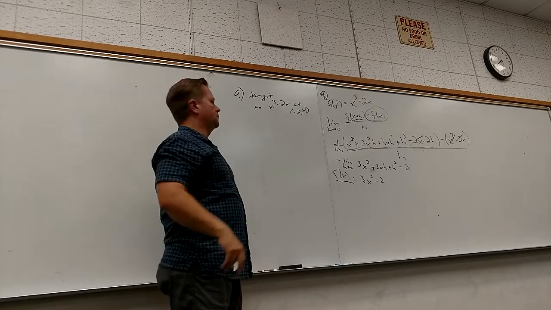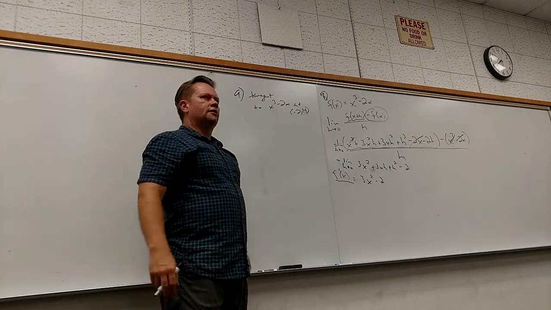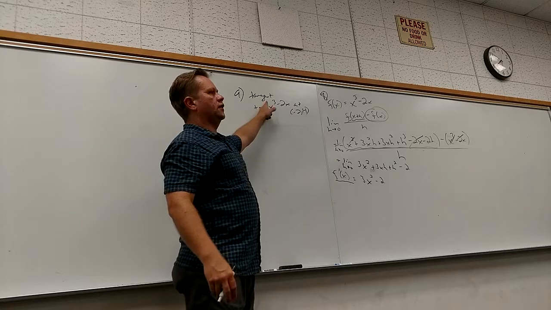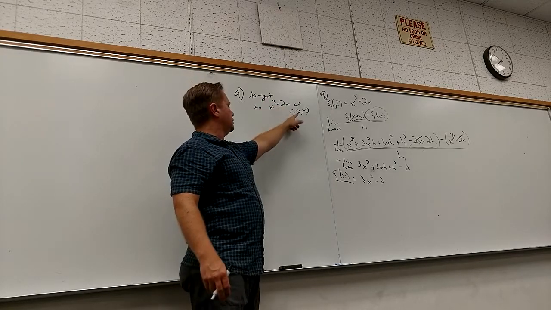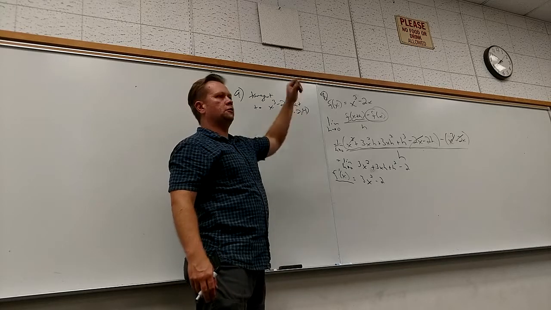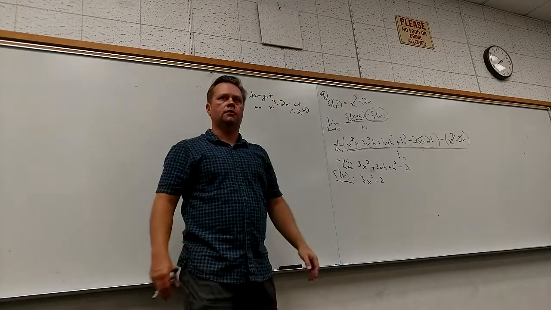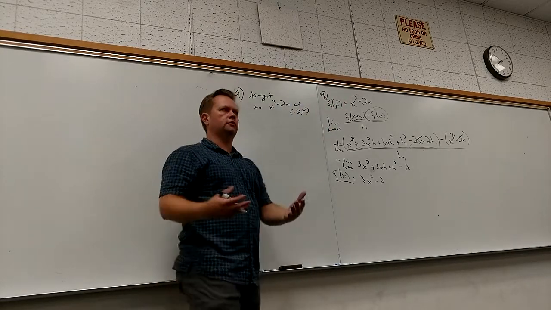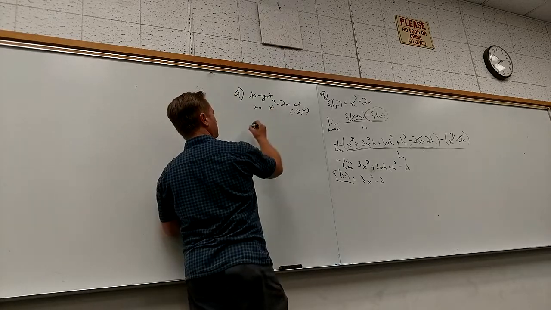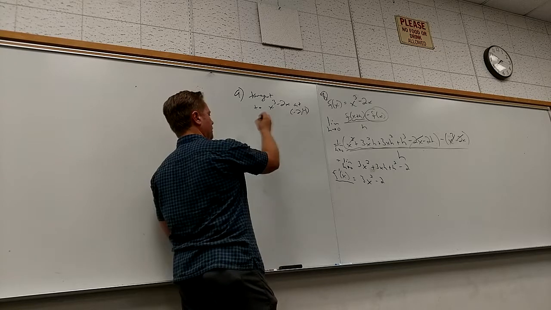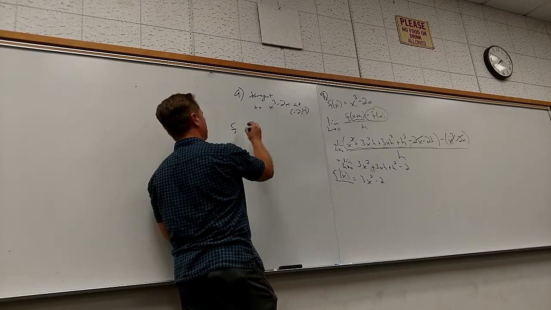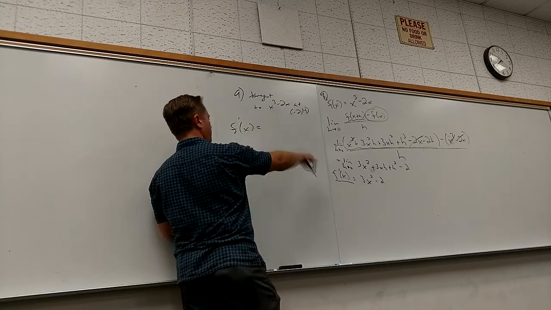Yep. So find the equation of the line that has the correct slope at negative 2, and it goes through this point. That's an algebra problem. How do we get the slope? We just did all that work over there.